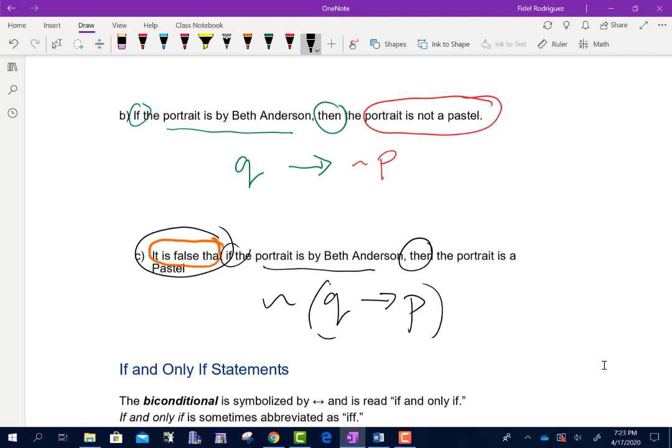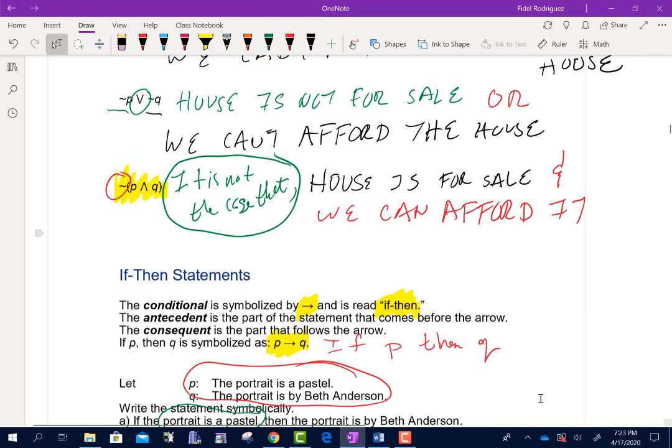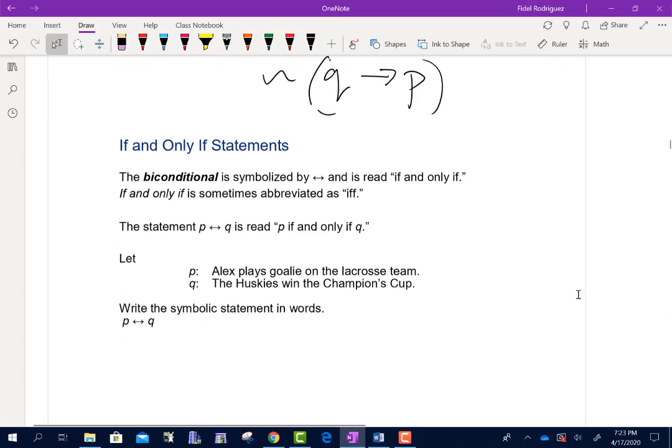That is the it is false, right? And that's kind of like what we did in this problem right here, where we said it is not the case. I could have said it is false, right? That the house is for sale. It's that same sort of concept, okay? So I want you to understand that if I say it is not the case, or if I say it is false, we're really saying the same thing, right?